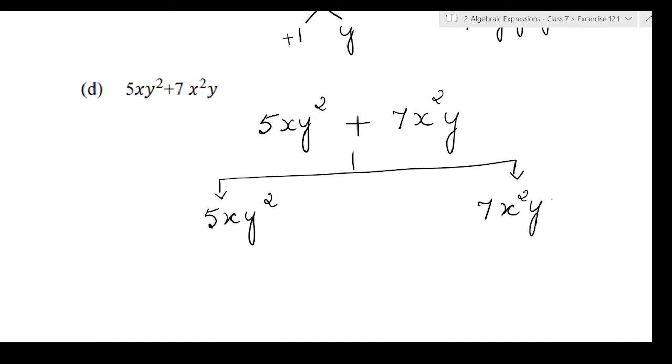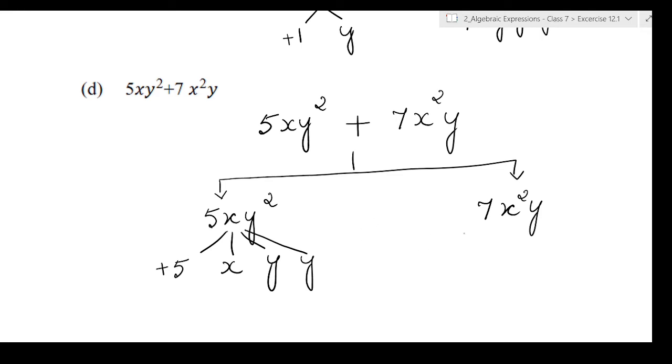So 5xy square is made up of 5, x, and y square is nothing but y into y. If you want, you can write the sign over here, plus. If there is no sign, anyways, it is treated as plus.